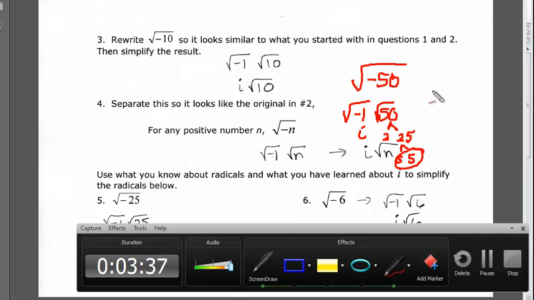So we would put the 5 in front, the I after it, and then the square root of 2. Remember, leftovers go in the fridge, so square root of 2 right there. So if you have an I and a radical and a number in front, that's how it would look. Okay, go for it. Do the rest of them. And then check your answers.